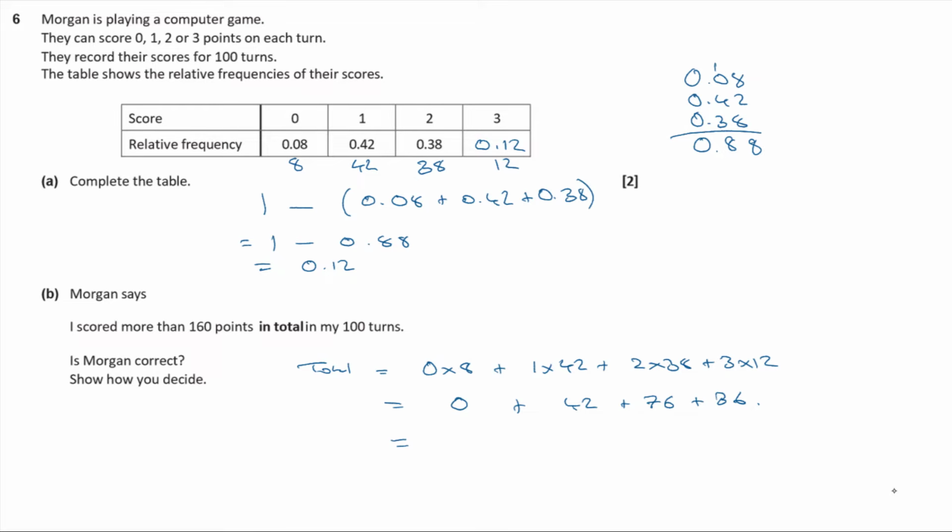What does that come to? Well, 76 and 36 is 112, plus 42 makes 154. Is that right? 36 and 76 is 112, 154, yeah. So is that more than 160 points? No, it's not. So Morgan is wrong, as 154 is less than 160.